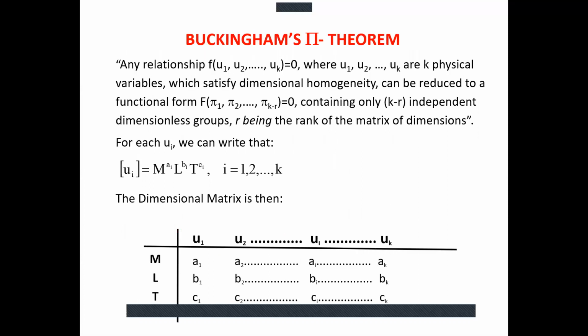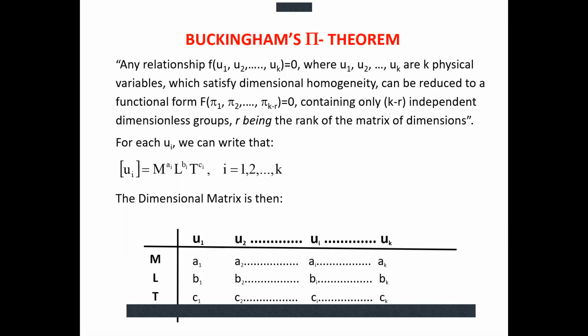This Buckingham pi theorem states that any relationship f that depends on different variables, where u1, u2, up to uk are k physical variables which satisfy dimensional homogeneity, can be reduced to a functional form of a different function, including pi terms, containing only k minus r independent dimensionless groups.